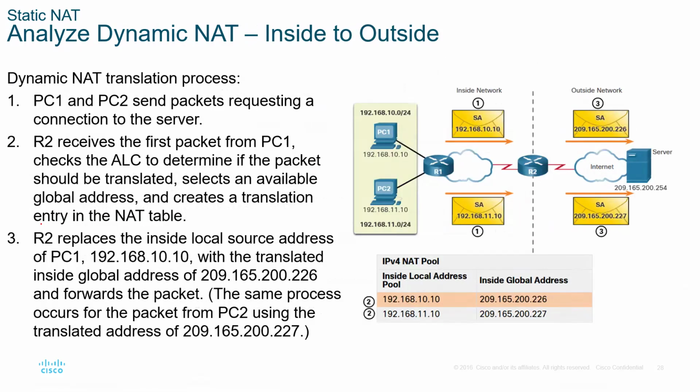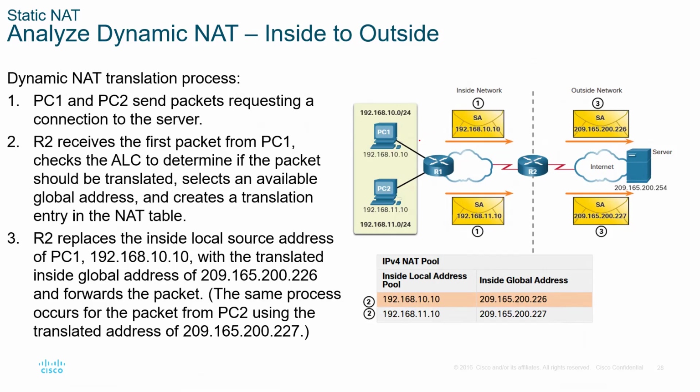Analyzing dynamic NAT. In our example here, we have PC1 and PC2 sending packets, requesting a connection to the server. R2 receives the first packet from PC1, checks the ACL to determine if the packet should be translated, selects an available global address, and creates a translation entry in the table.